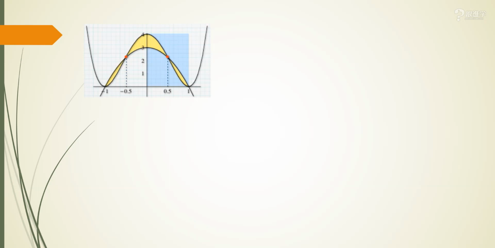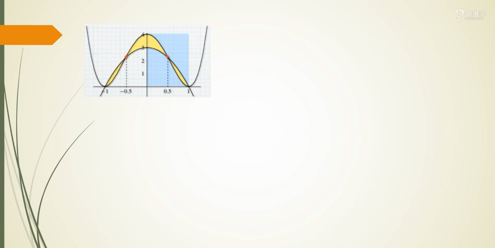But before we really do the computation, there is also something we should notice. Since all the curves are even functions in terms of x, the region of interest, which is shaded in yellow here, has a symmetry around the y-axis. So the area on the left part should be exactly the same as the area on the right part.